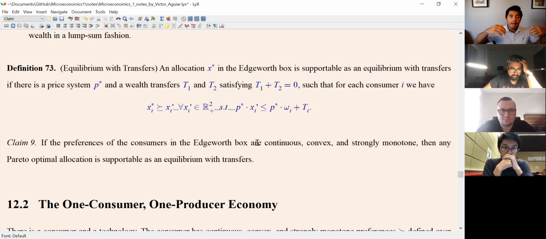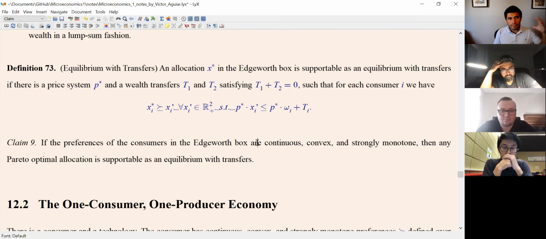Maybe you can put an additional criterion to refine the solutions over the Pareto frontier. And this is telling me a practical way to do it without having to centralize. Instead of centralizing the solution, I can just redistribute endowments. Now, this is not telling me how to do it in practice. This is just telling me it is possible that I find a tax scheme such that I can achieve any Pareto allocation that I want. Do you understand?